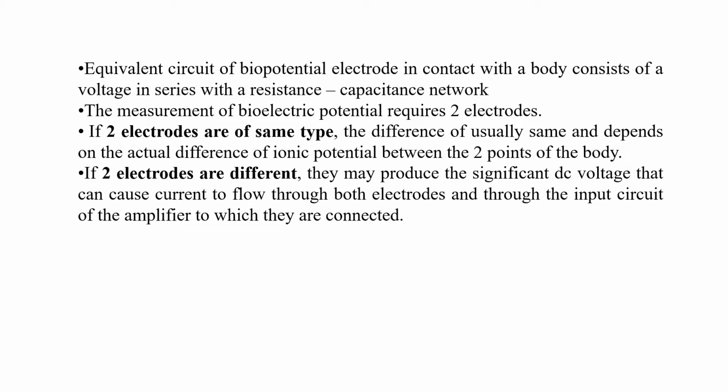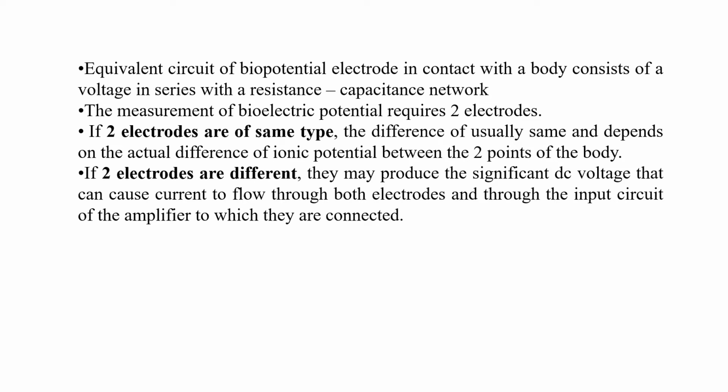Here we are going to have two types of measurements. If the two electrodes are of the same type, the difference is usually the same. So if we take the measurement between the two electrodes, then the difference will depend on the actual difference of the ionic potential between the two points of the body from which we are taking the measurement.